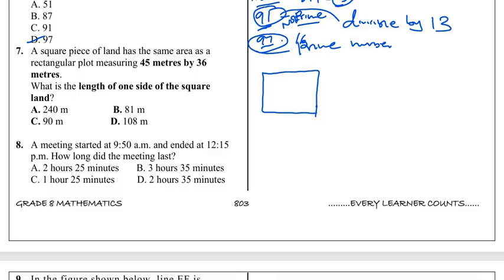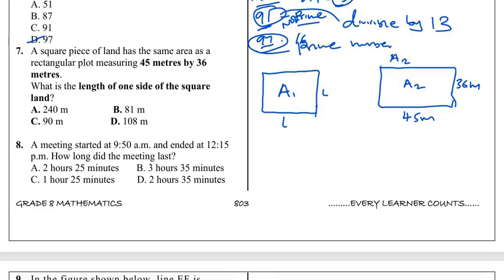We can get the area of this to be A1 of a square which has got length, and then we have a rectangle which has got same area as the square. The rectangle measures 45 meters by 36 meters. We can let this one be A2.